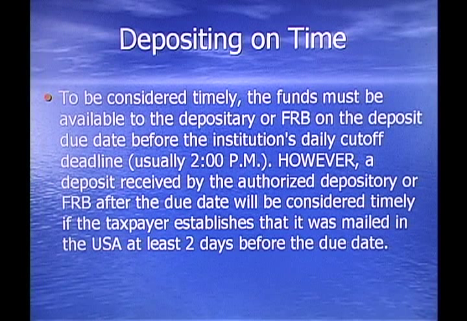So if you put it in the post office at least 2 days before and you get some sort of confirmation that proves that you mailed it off, delivery confirmation, that also qualifies.